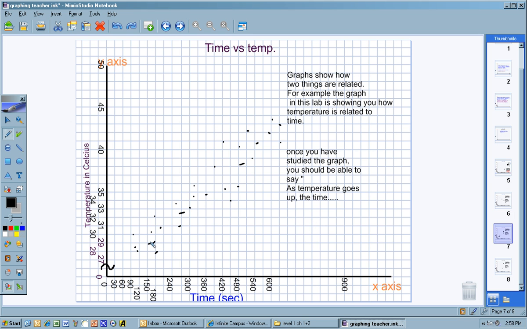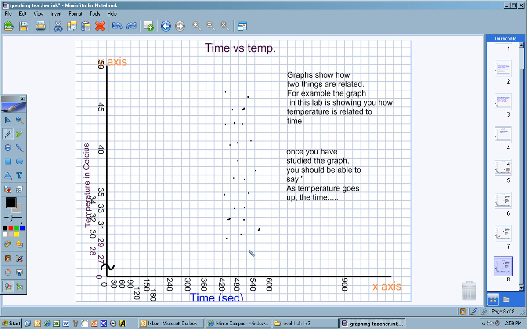In this graph, I have low temperature, high time, so I have that over here, and I have higher times with higher temperatures. I don't have anything here or here. So this would tell me that the warmer the water, the longer it would take. So as temperature goes up, time increases.